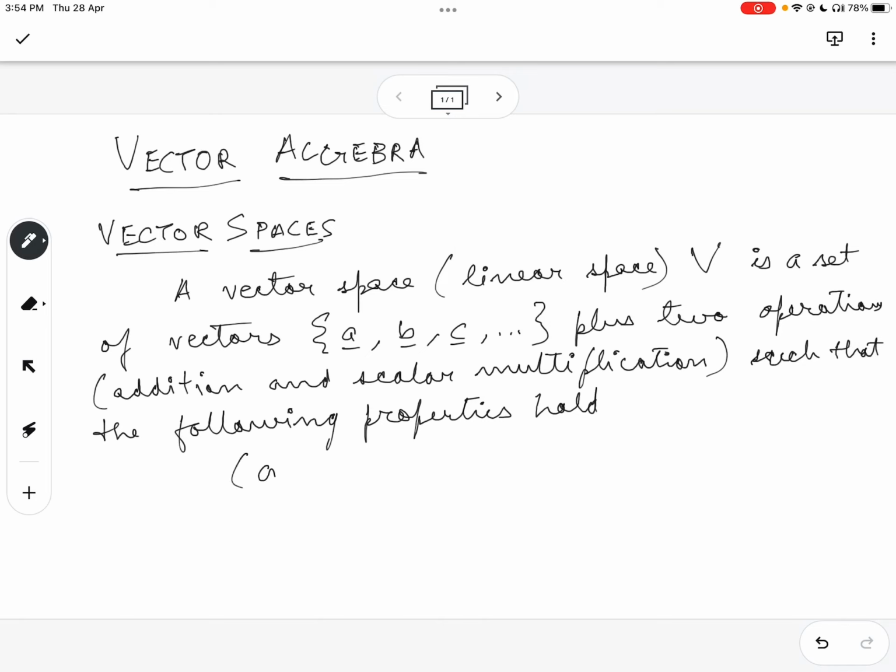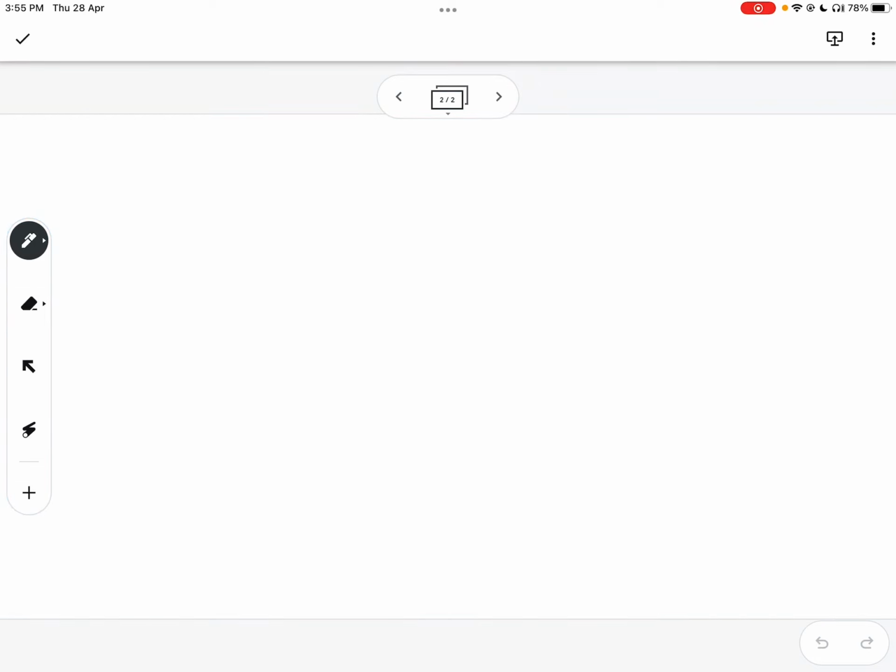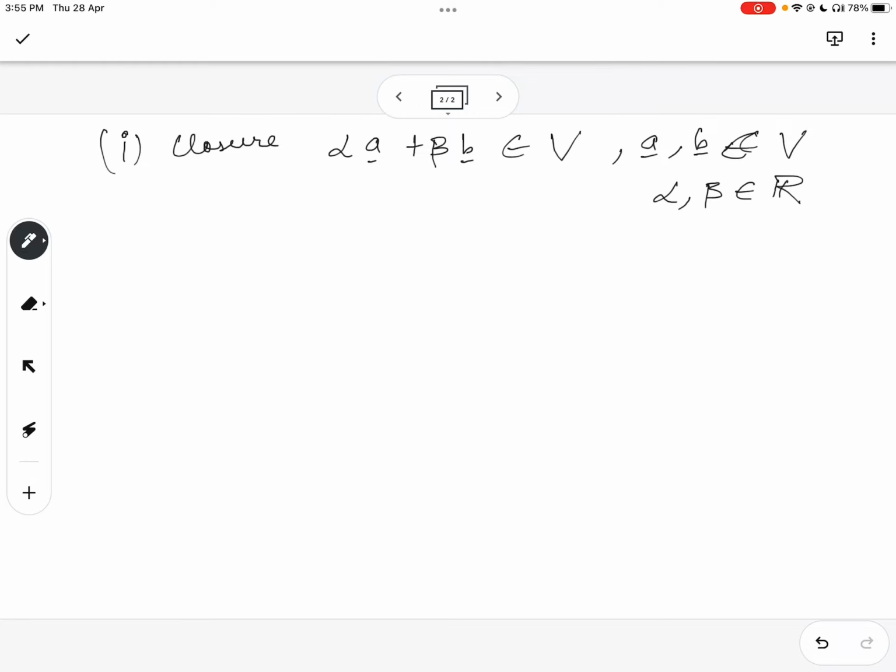Vectors are defined as A, B, C belonging to V, and scalars are defined as alpha, beta, gamma belonging to the set of real numbers R. The first property is that of closure, which is defined as alpha A plus beta B also belongs to V, for some A, B belonging to V and alpha, beta belonging to R. That is, the scalar multiplication of some vector added to another scalar multiplication of another vector should also belong to the same vector space.